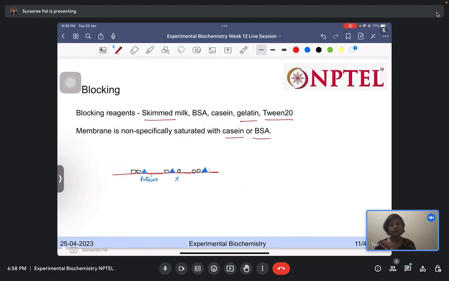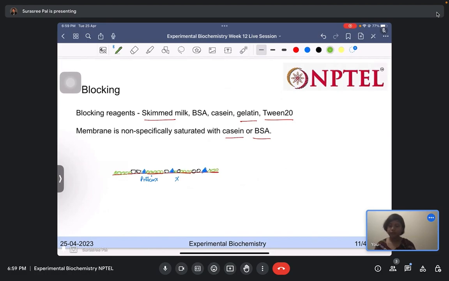So these proteins will non-specifically coat the membrane. Suppose this is BSA, and this will coat the empty spaces on the membrane, right?